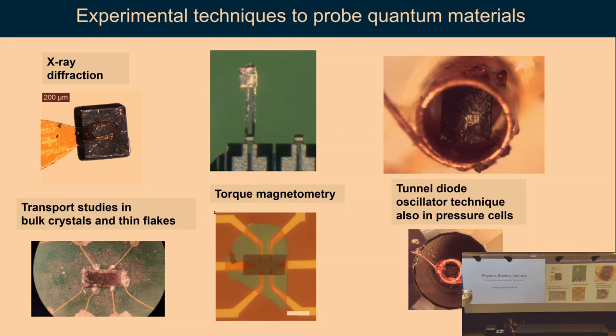You have a tunnel diode in that circuit which you bias in a negative resistance part of its characteristic, and effectively you create a resonance of this LC circuit. By measuring the resonance, you can see changes in the properties of your material, including the observation of quantum oscillations. And all these experiments are possible only if the crystals are very, very clean.